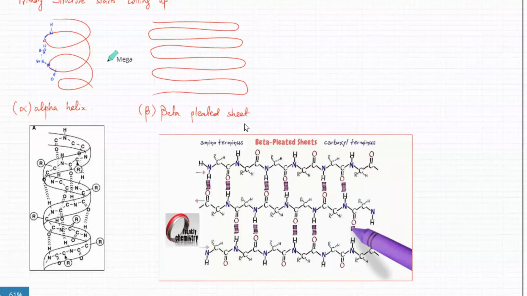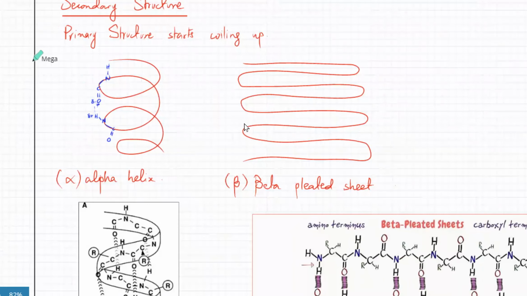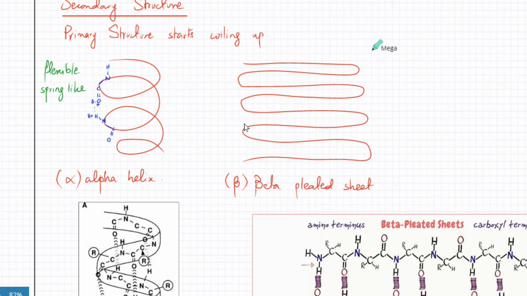And it's less flexible. This one is flexible. Alpha helix tends to be more flexible, more spring-like, more stretchable. Beta pleated sheets are less flexible.